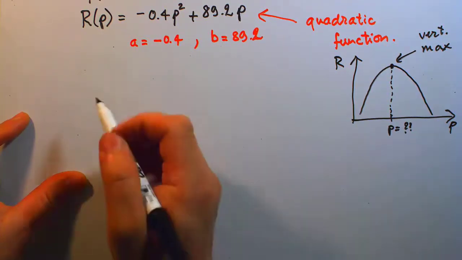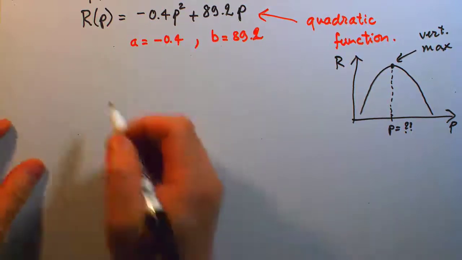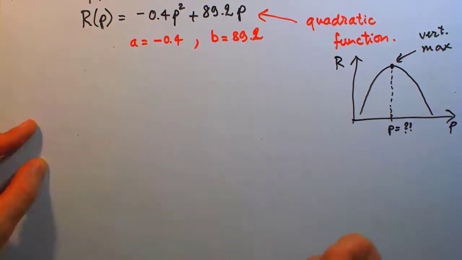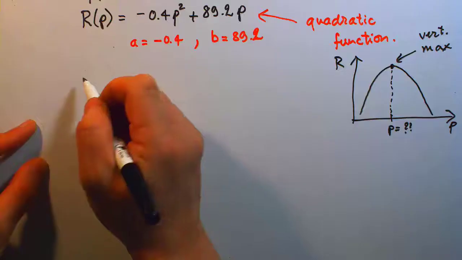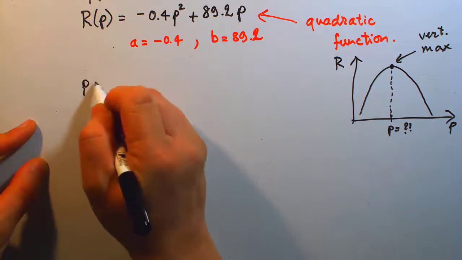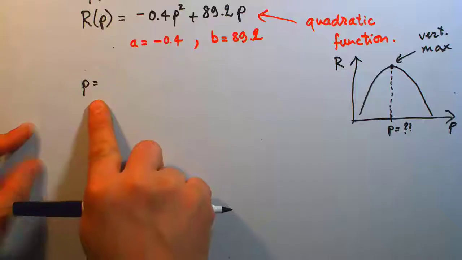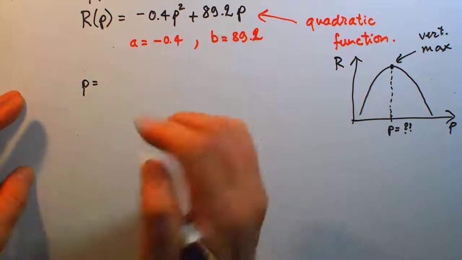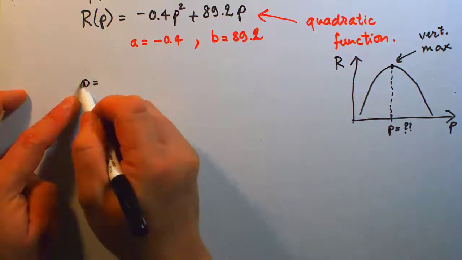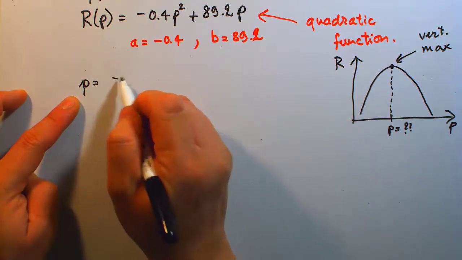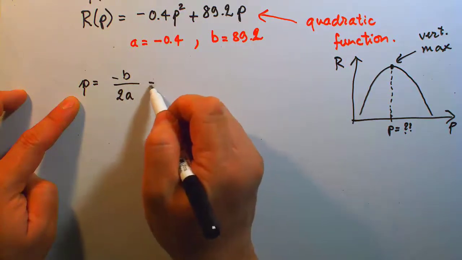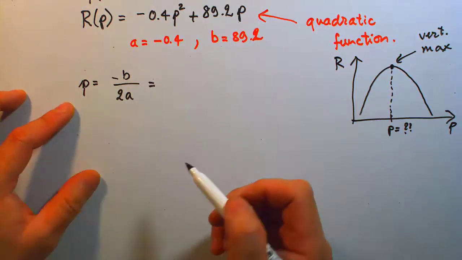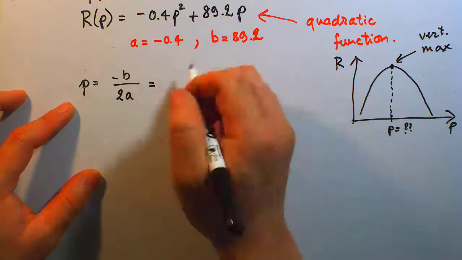Now we are ready to apply our skill of finding a maximum or minimum value for a quadratic function. In any quadratic function, the maximum can only happen at P equals minus B over 2A.